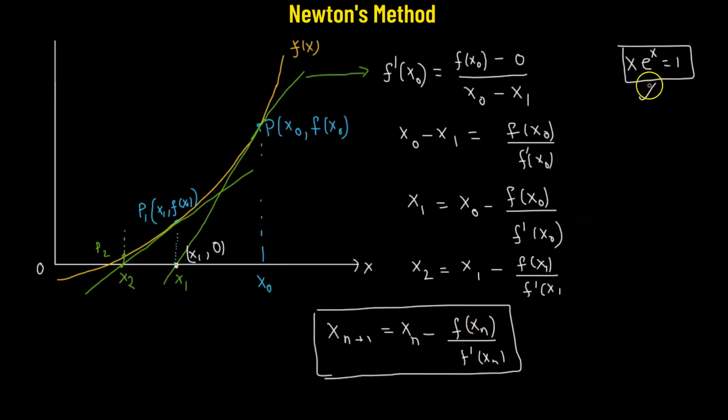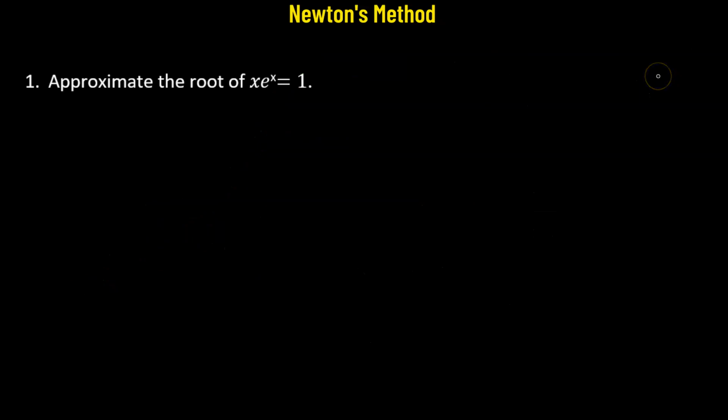Let's consider the equation x e raised to the power of x equals 1. We want to approximate the root of this equation. We can rewrite it as x equals e raised to the power of negative x, or x minus e raised to the power of negative x equals 0.